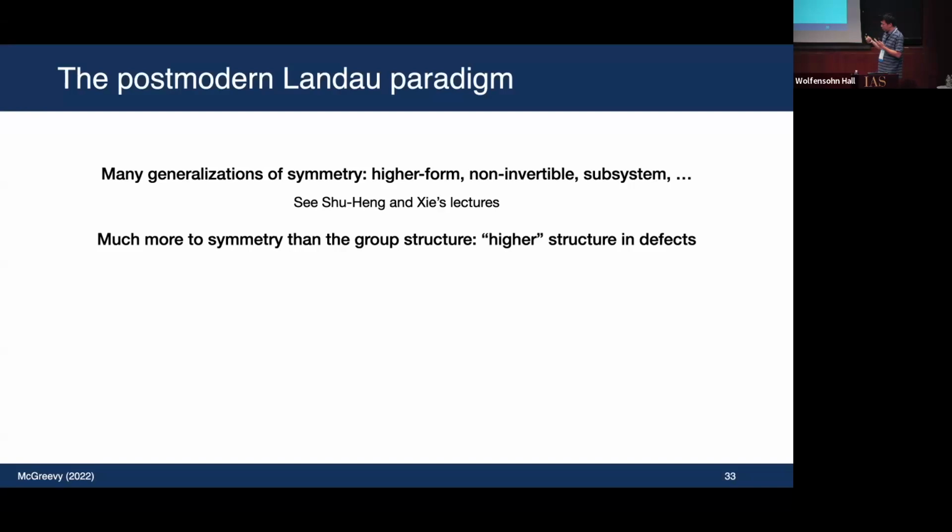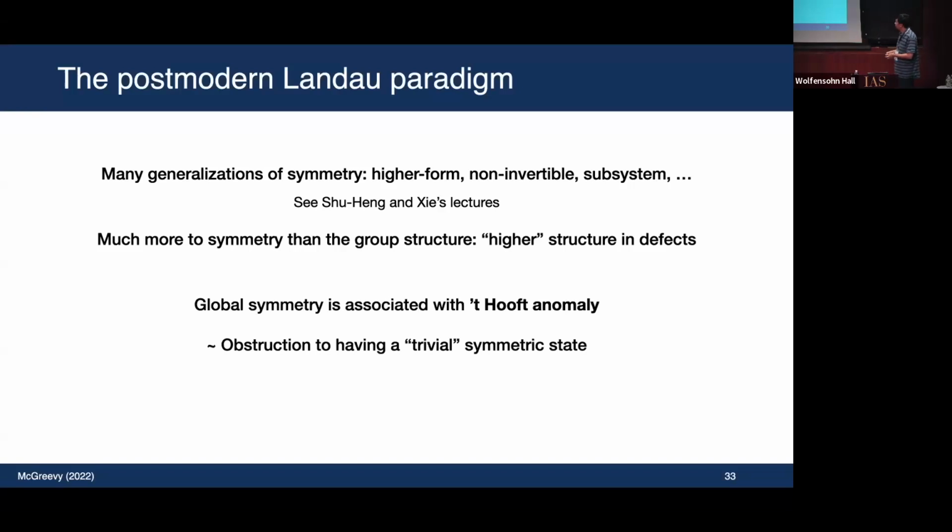The useful lesson is that we need to think about higher structures, more subtle structures hiding in the defects of global symmetry. I'm not going to discuss the details of this higher structure, but suffice to say that at least we have to think about anomaly. Global symmetry is associated with a 't Hooft anomaly. In one sentence, 't Hooft anomaly is an obstruction to having a completely trivial state that preserves the global symmetry.